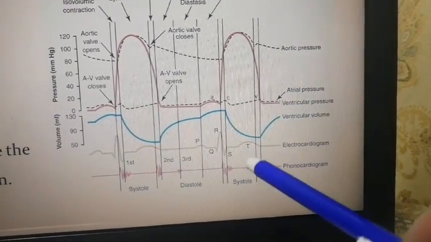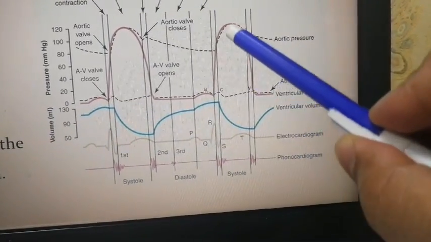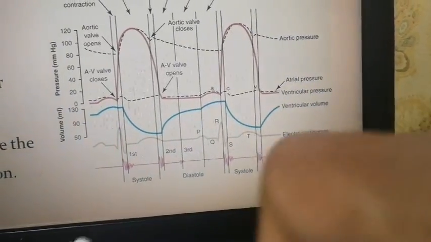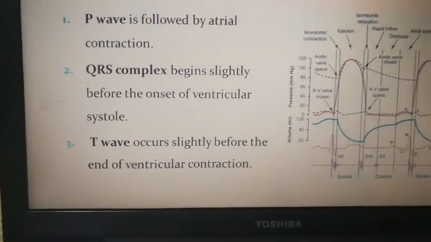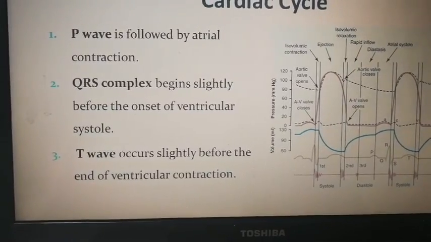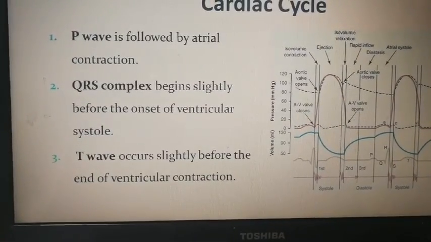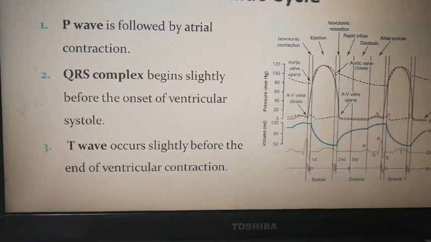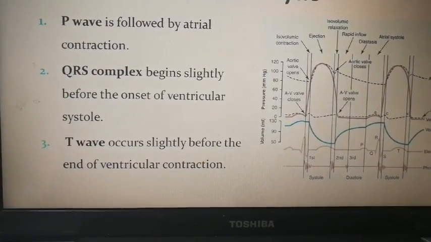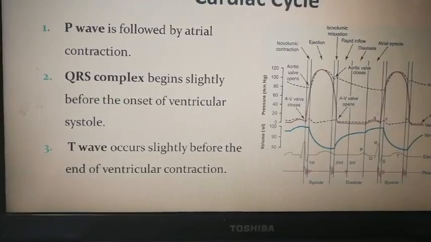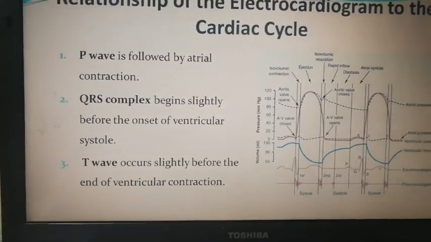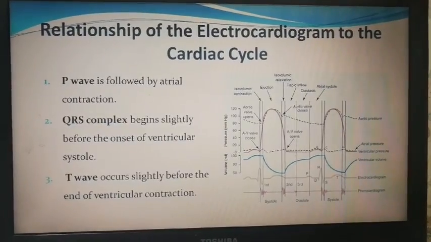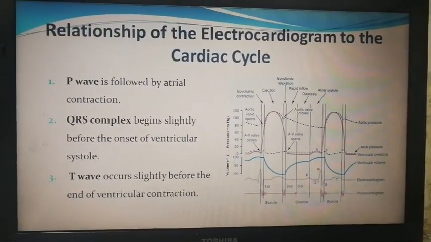You can see here, this is just before isovolumetric relaxation. The P wave is followed by atrial contraction, the QRS complex comes before the onset of ventricular systole, and the T wave comes before the end of ventricular contraction. This is the relationship of the electrocardiogram to the cardiac cycle.